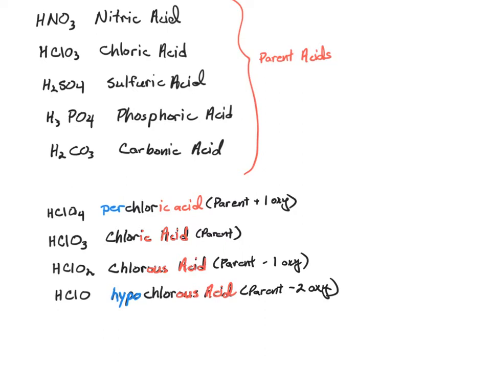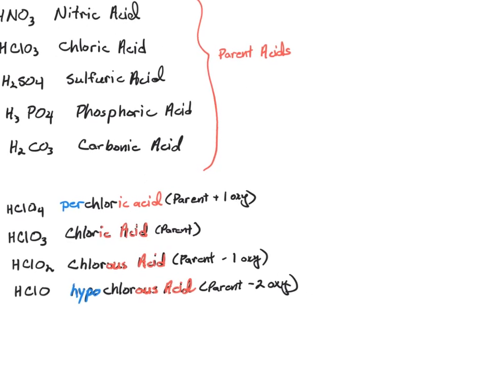So if we're going to be naming these derivatives of the oxoacids, we have to line them up the same way. If we're looking at sulfuric acid, which is H2SO4, that's again sulfuric acid, and just like we saw with chloric acid, we have that suffix of "ic acid."